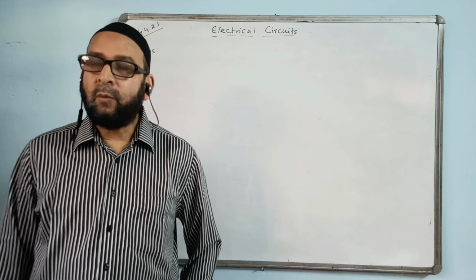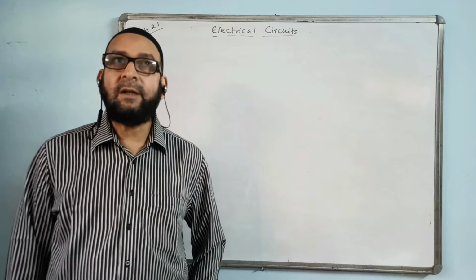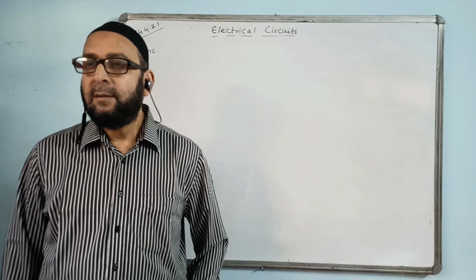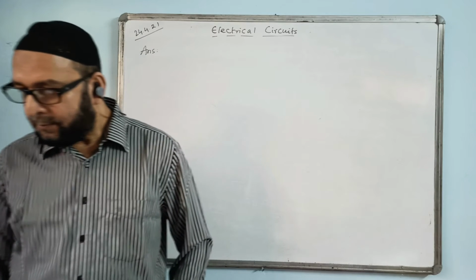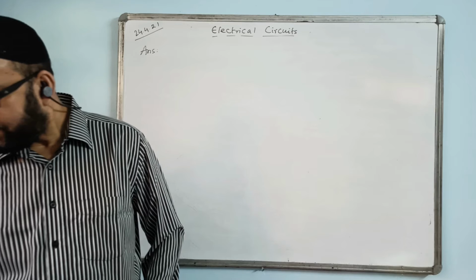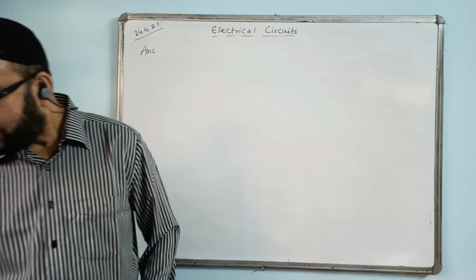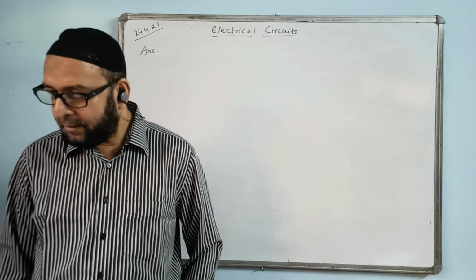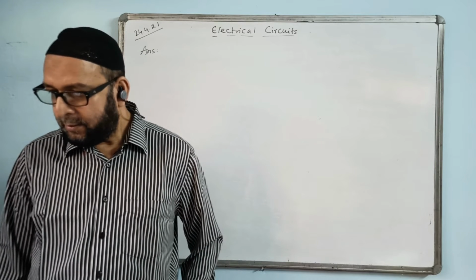What is the magnitude and direction of current in the resistor?